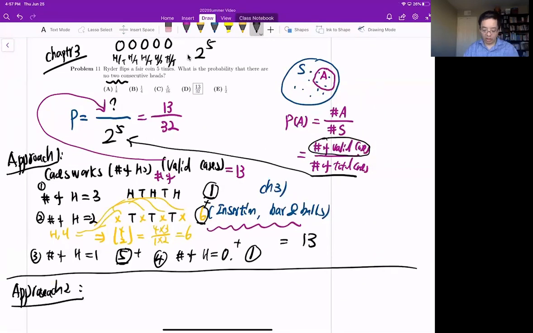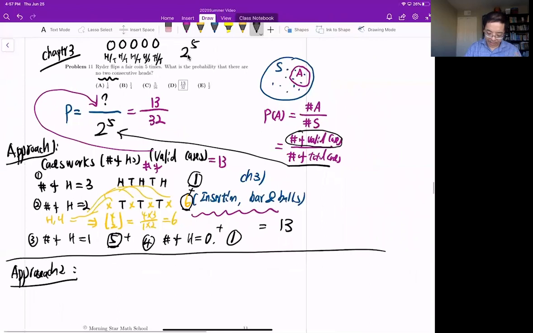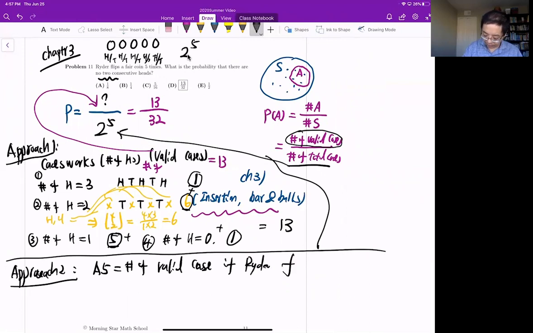So what is approach 2? Say this time you flip 5 times. If the rider flips 5 times, the number of valid cases is 13.